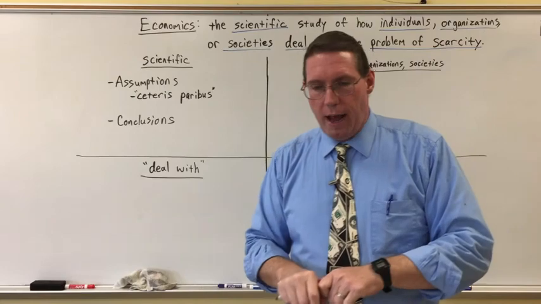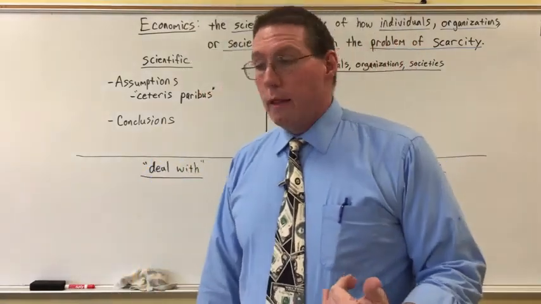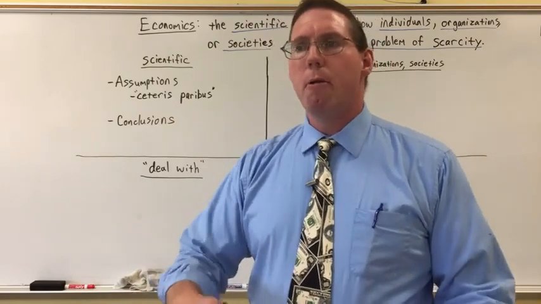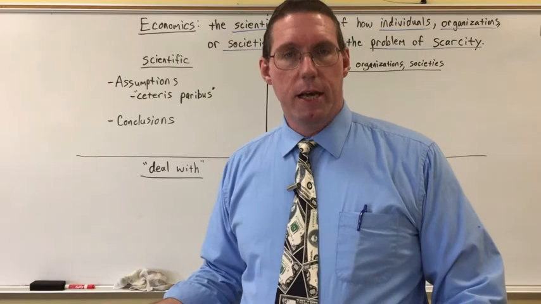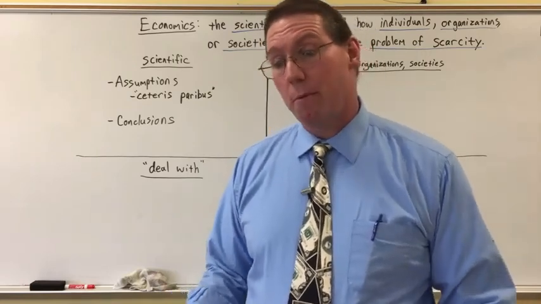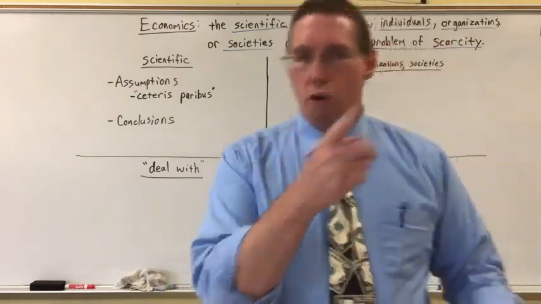Because here's what's going to happen in this class is I'm going to say something like, hey, when things are cheaper, people buy more of it. And then you're going to say, well, not always. Sometimes when things are cheaper, people don't want them at all. And I'm going to say, you know what? You're right.